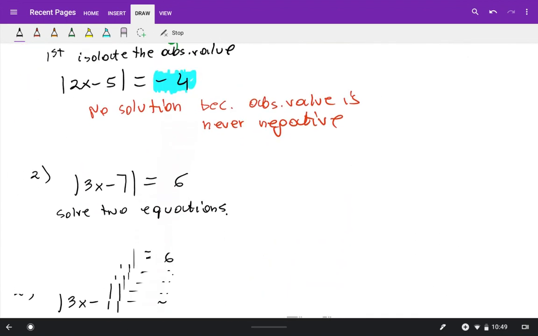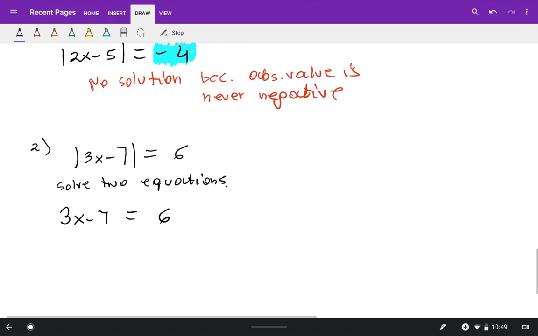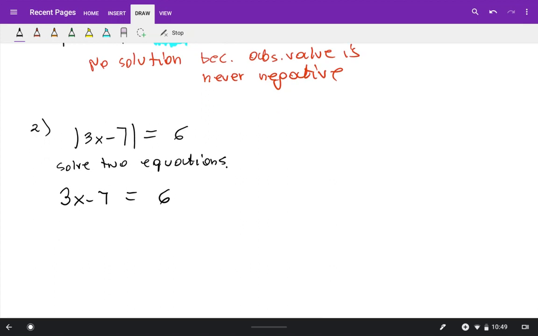So first equation, just remove absolute value, so that will be 3x minus 7 equals 6. And the second equation, copy the expression from absolute value, which is 3x minus 7. You never change that. Equal, and the opposite of 6 is -6.